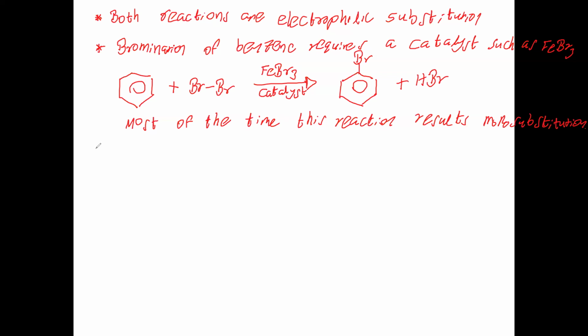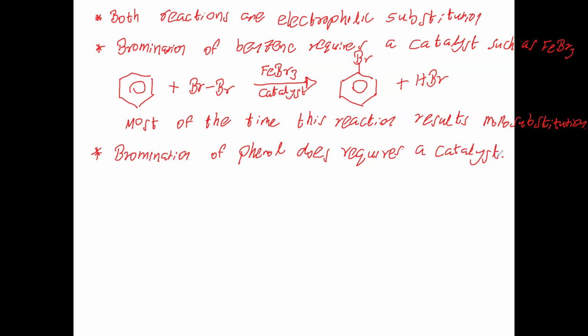But if you go for bromination of phenol, first thing is they don't require a catalyst. We have to tell why it doesn't need a catalyst. And also they will undergo polysubstitution.